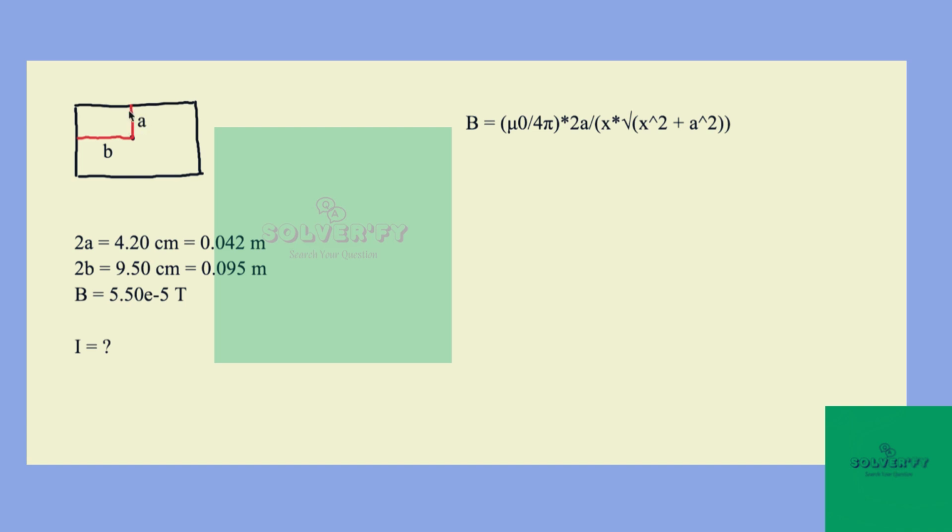So I'm going to define these quantities here. You'll see why in just a second, where A is actually just half of the length of one of these sides, and B is half the length of the other side. So 2A is 4.2 centimeters, which we can convert to meters like this.